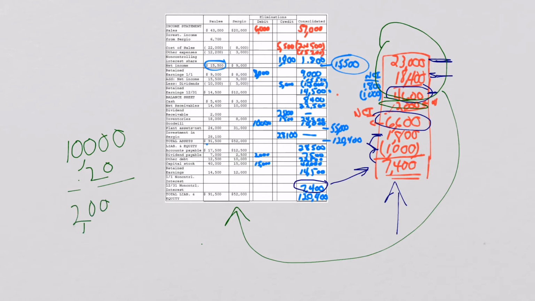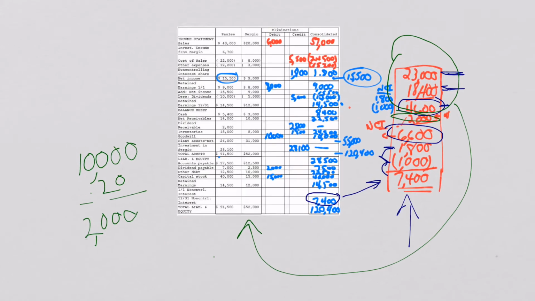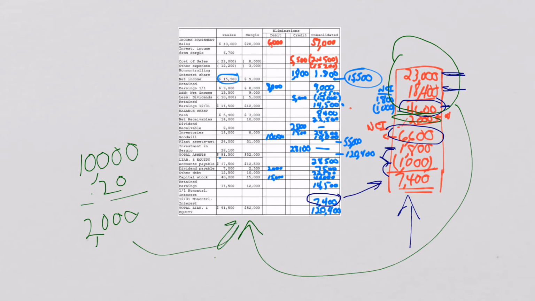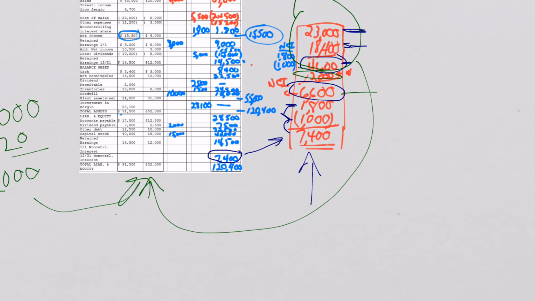That wasn't included in here at this point, so that's why it has to be included now in the non-controlling interest analysis. So that gets us a non-controlling interest at the end of 2013 or beginning of 2014. Then we add in the non-controlling interest share of income, we take out the non-controlling interest share of dividends, and it gives us the year-end amount.